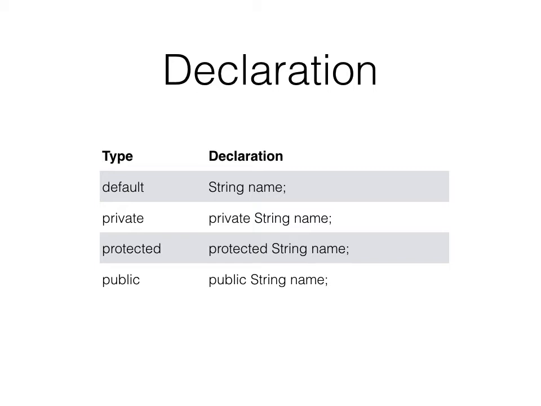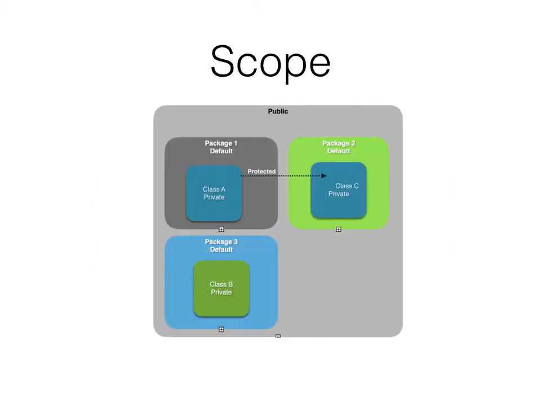In the same way we can declare any class and method with these access modifier keywords. To be noted here, for the default access modifier we do not have any keyword, and if we do not specify anything, that will be considered as a default access modifier.